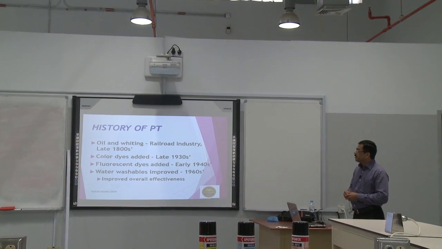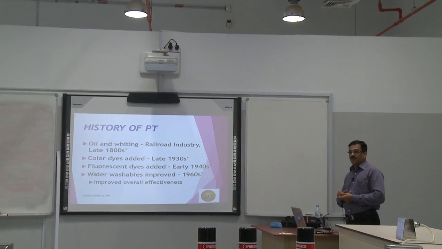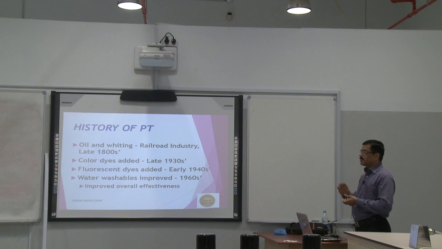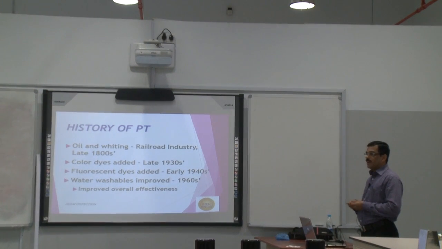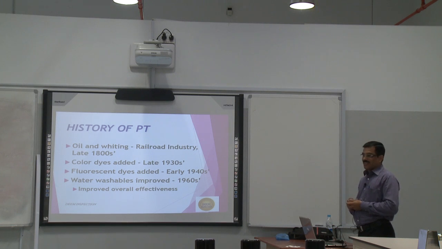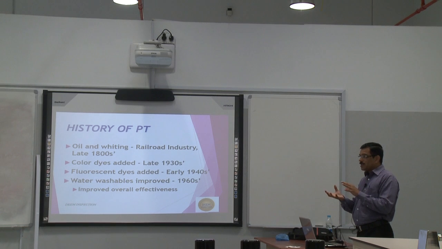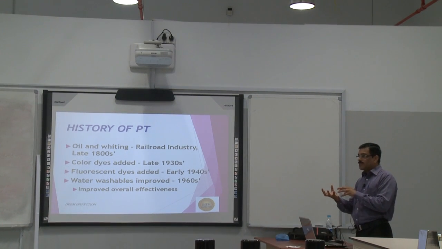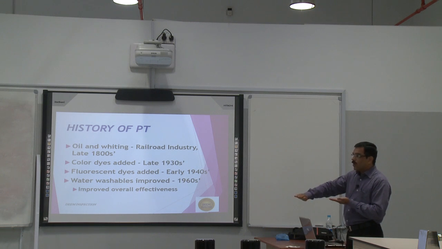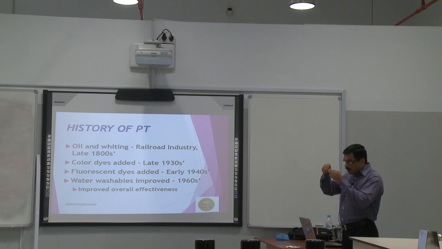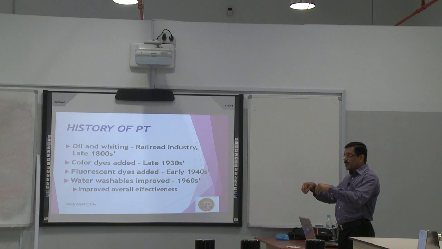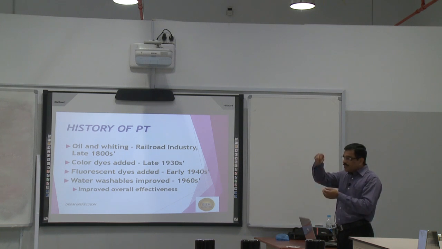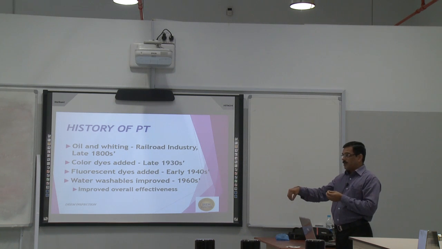Just for information, there is some history of PT. In very olden days it was used in the railroad industries. It was called the oil and whitening method, because at that time there was no penetrant. In railroad and big plates, they poured oil on the plate, and the oil would enter any discontinuity open to the surface.